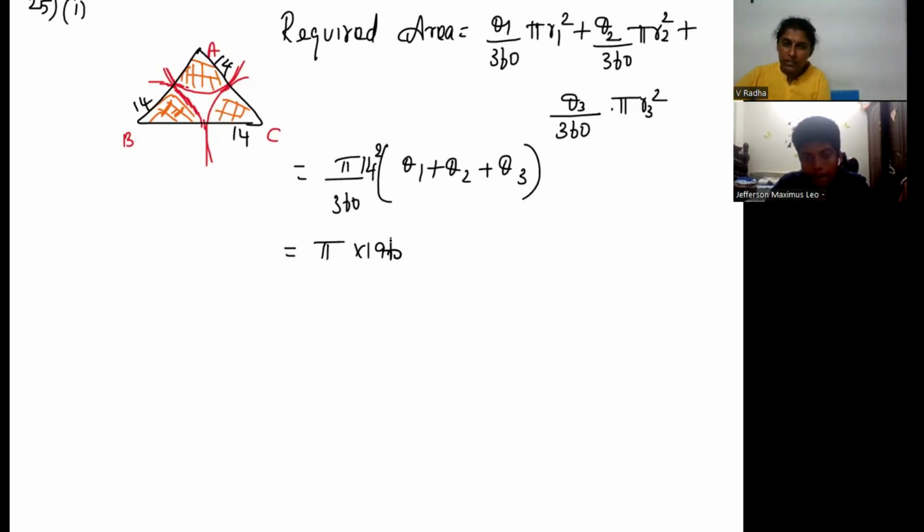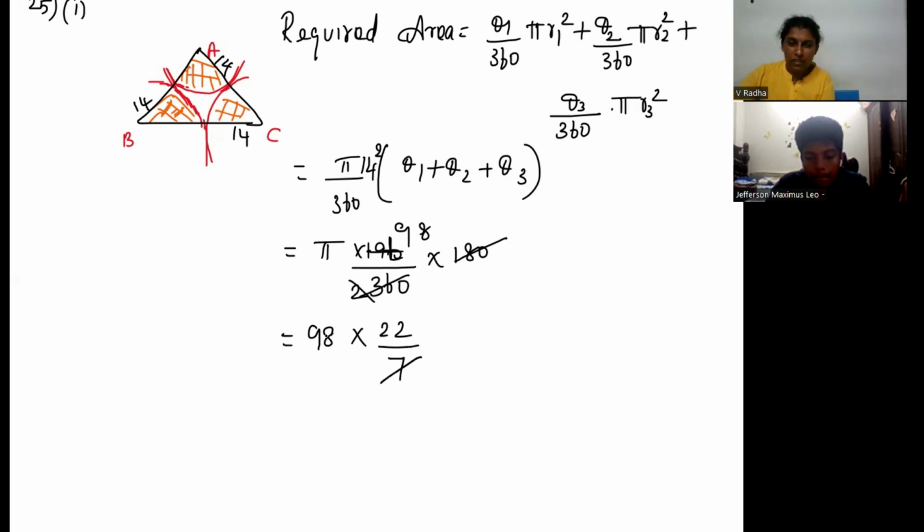So 196 over 360, times 180, which is two times. So it becomes 98 pi. Instead of pi, use 22 by 7. Seven sevens, 2 left over, that's 28, 4.